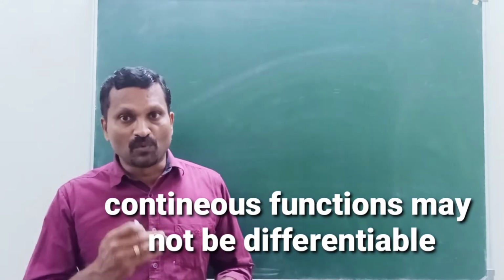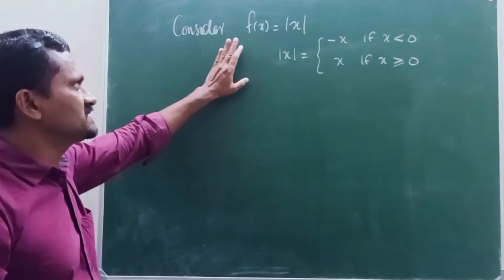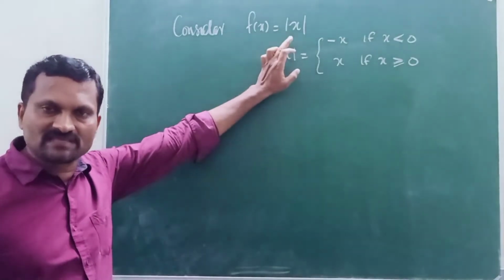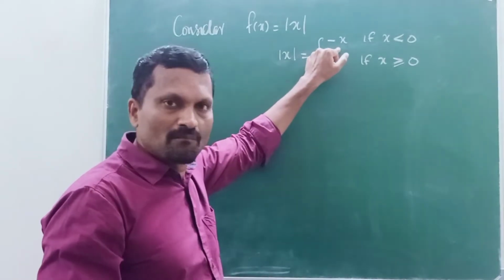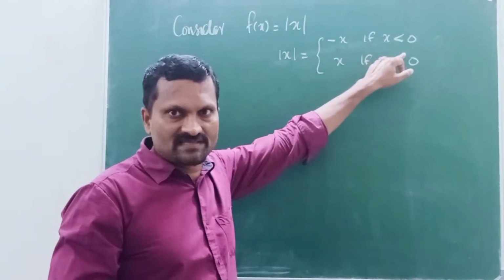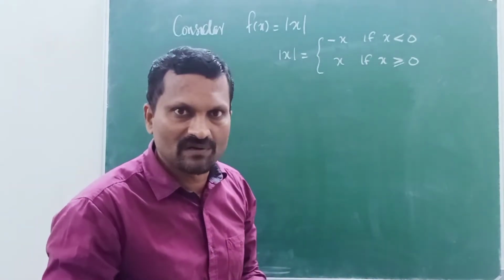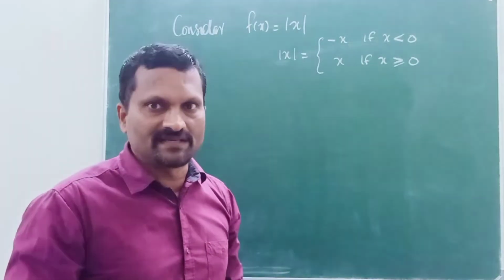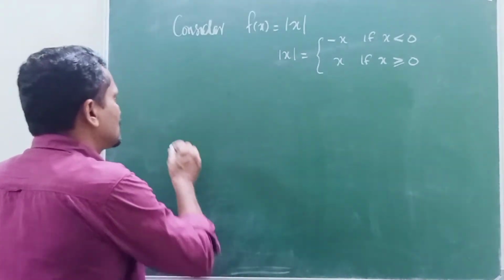This can be proved through an example. For this, we consider the function f of x equal to mod x. We know that mod x is equal to minus x if x is less than 0 and x if x is greater than or equal to 0. First we check the continuity of the function at x equal to 0.